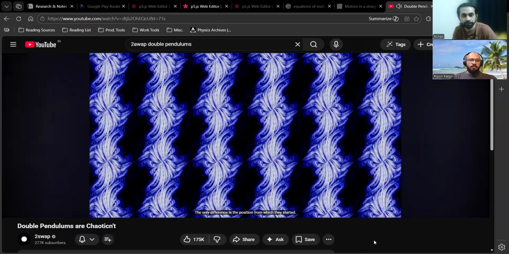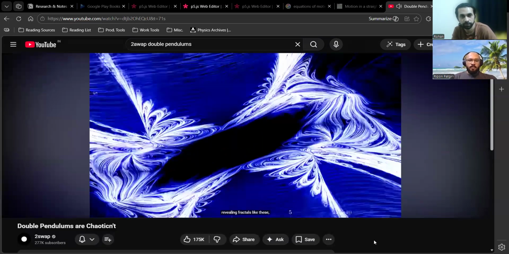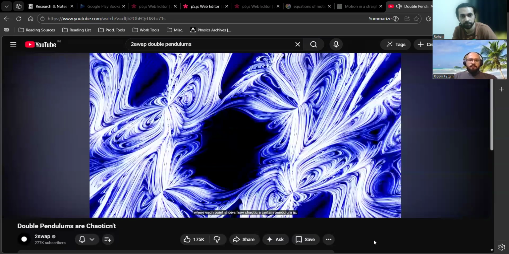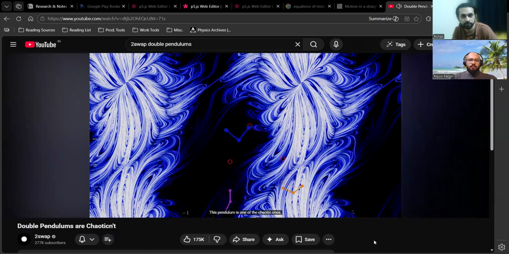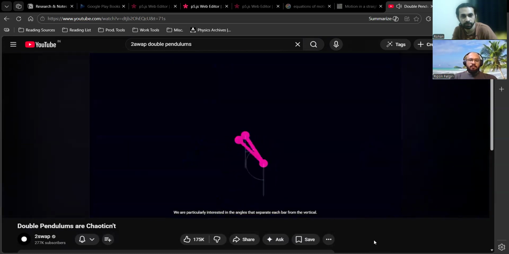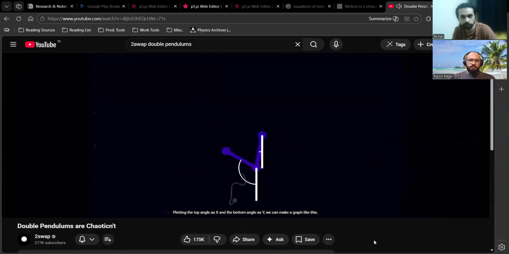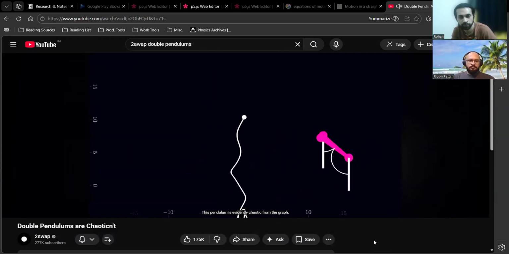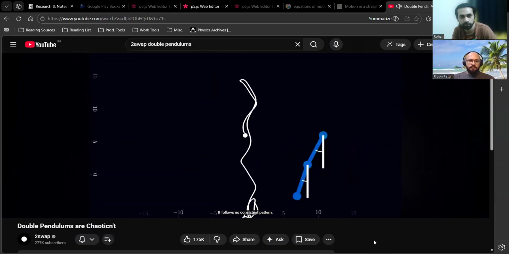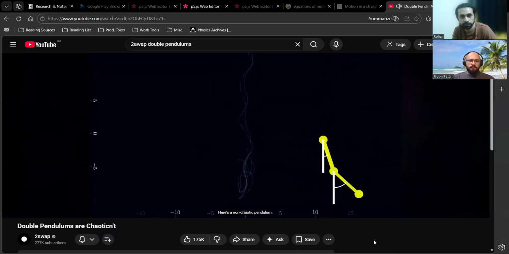The only difference is the position from which they started, and behavior as a function of starting position can be graphed, revealing fractals like these, where each point shows how chaotic a certain pendulum is. But before diving into the fractals, let's get to know a few individual specimens. This pendulum is one of the chaotic ones. We are particularly interested in the angles that separate each bar from the vertical. Plotting the top angle as x and the bottom angle as y, we can make a graph like this. This pendulum is evidently chaotic from the graph. It follows no consistent pattern. Here's a non-chaotic pendulum.